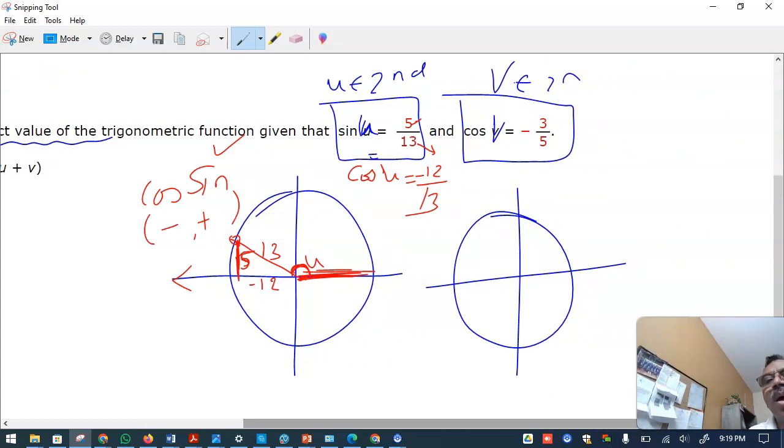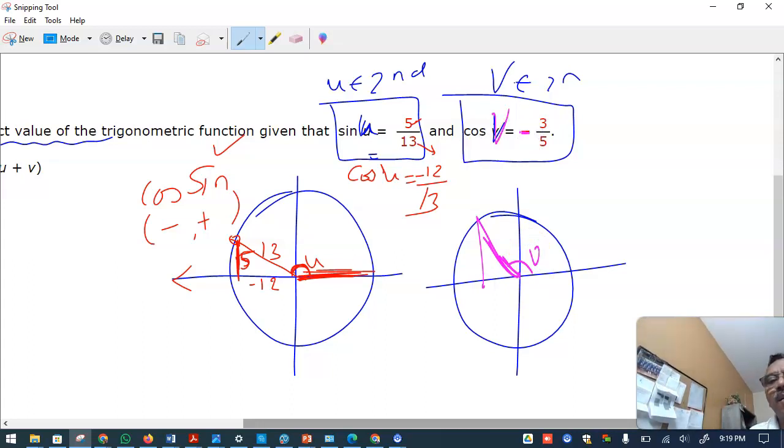The same thing you have to do on the other side. You are given sine v is 3 over 5. But this is different, this was 13 and this is 5, something totally different. So I'm making this as the v angle, and there's a negative here.